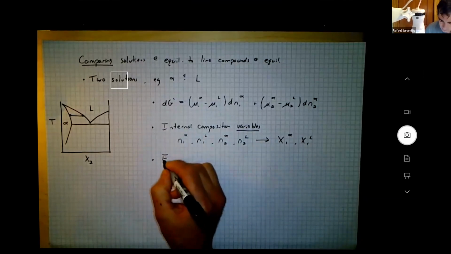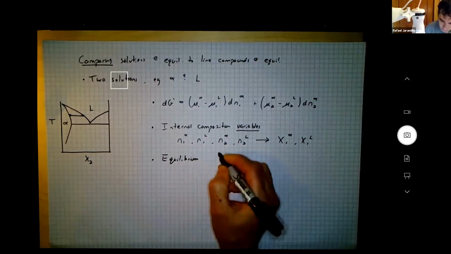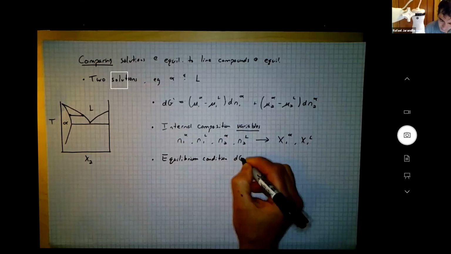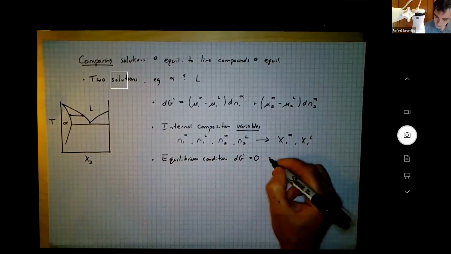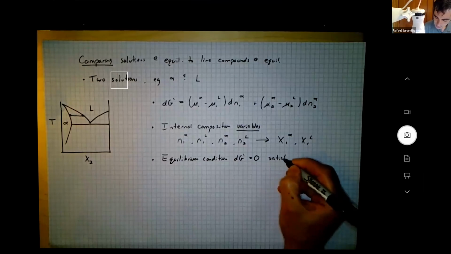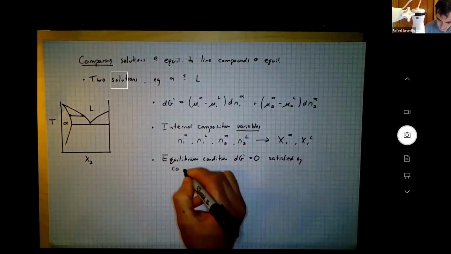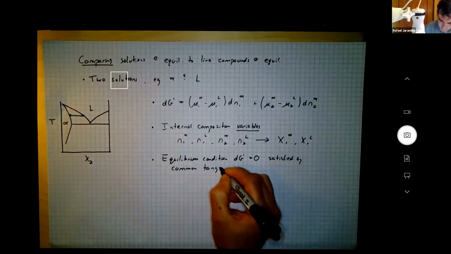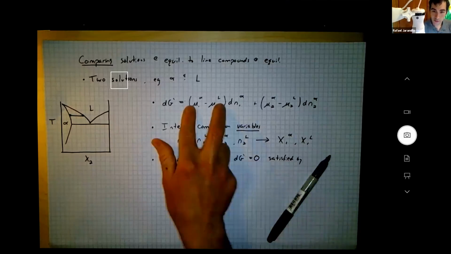And the equilibrium condition dG equals 0 is satisfied by common tangents. What do I mean? Coefficients equal to 0.